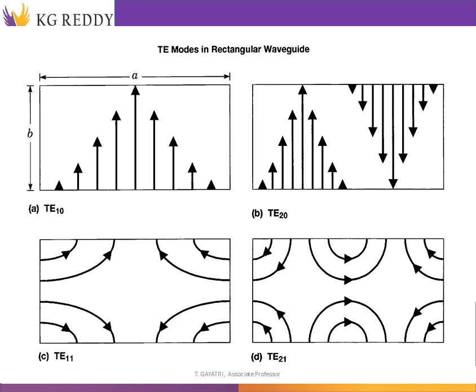Now coming to the next mode, TE20 mode, 2 indicates that there are 2 half wave propagations along a and 0 half wave propagation along b. Figure C indicates TE11, that is 1 half cycle propagation along a and 1 half cycle propagation along b.